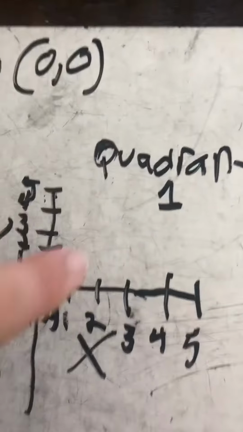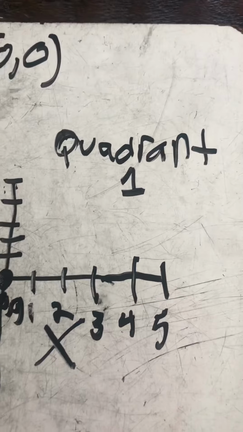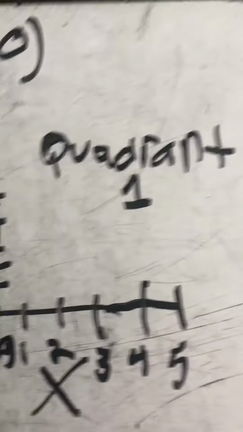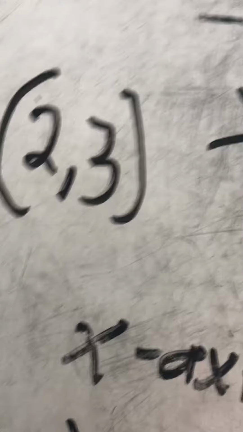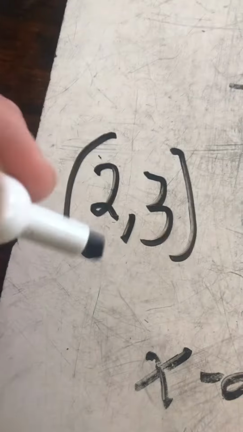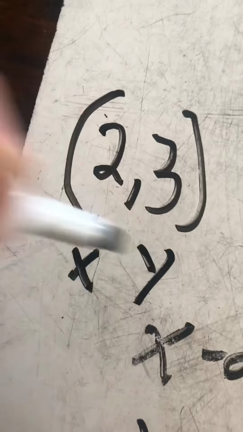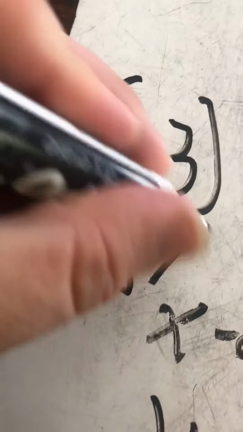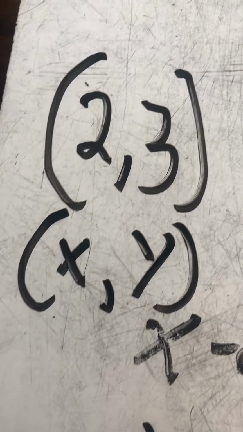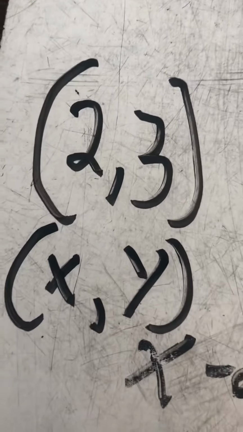They're both positive numbers, so they're always going to be in quadrant 1. So, here's the rules for coordinates. Coordinates will always be the same. The x comes first and the y is second. So this is basically what it would look like every time. X, then y.